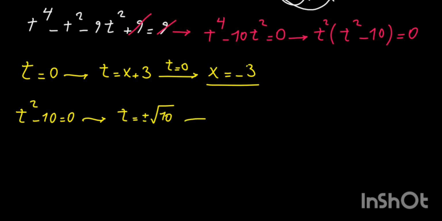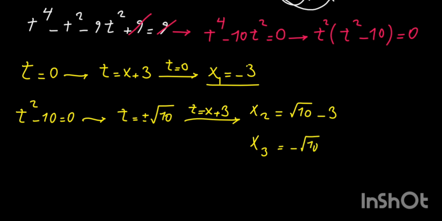And as I wrote it for you, t was equal x plus 3, and it means we have, let me write it, x1, x2 is equal square root of 10 minus 3, and x3 is equal negative square root of 10, minus 3, and it means we have 3 answers for this really nice math problem.